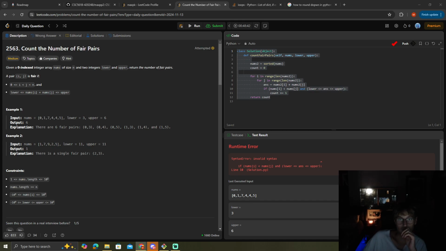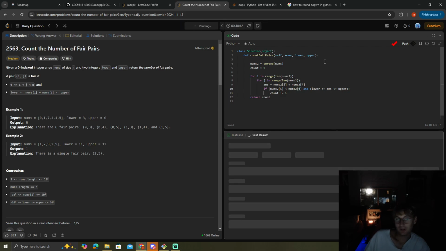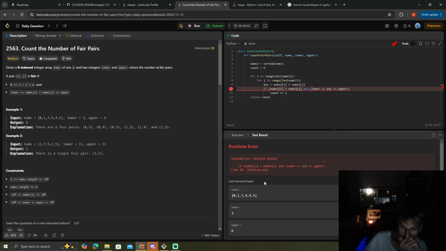I don't know if it'll be too slow. I don't think it's going to pass all the test cases within the time limit, to be honest. Oh my god, what am I missing? Oh, I think I'm missing that.